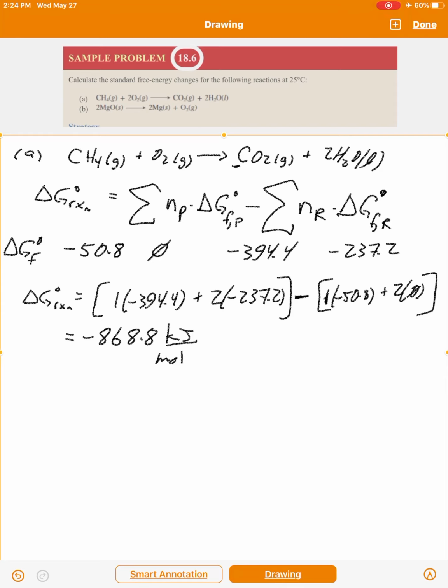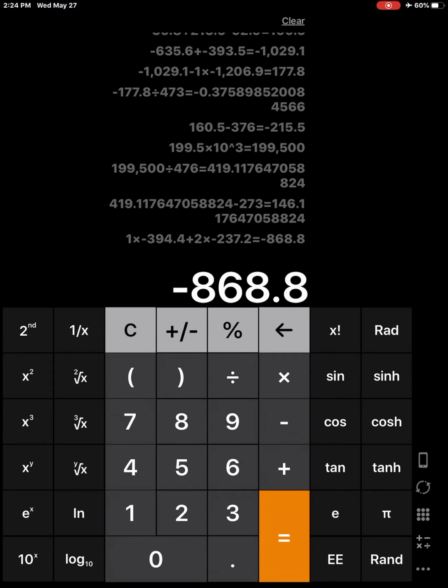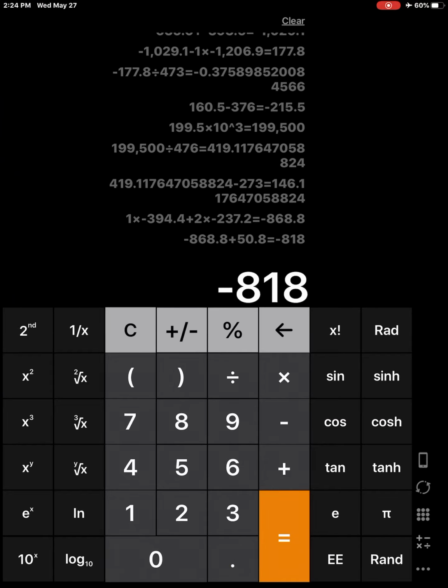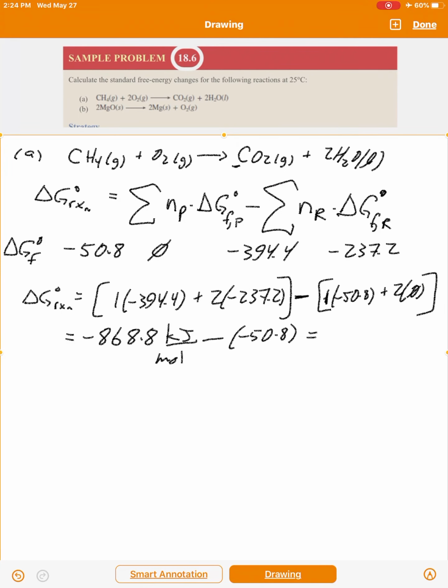Then minus negative 50.8, right? 2 times 0 is 0. So that's the same as adding 50.8 to the original number. So plus 50.8, so you get negative 818. The units are kilojoules per mole.